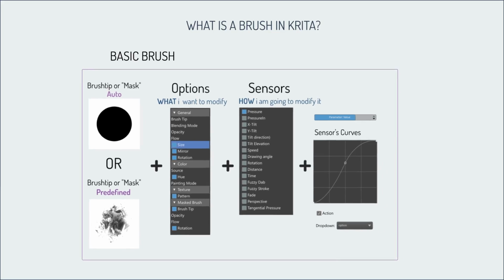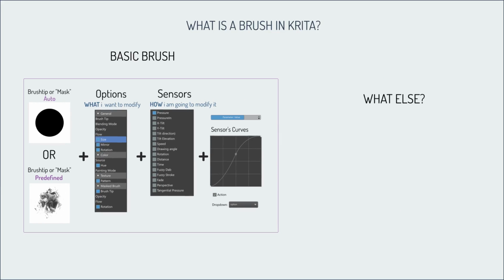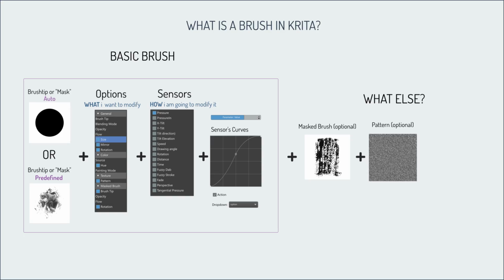There is something more. You can use a masked brush, which is really useful if you want to create complex behaviors. Then we have the pattern, and the pattern gives you the texture feeling. If we want to create paper, or any surface, it is usually controlled by the pattern.